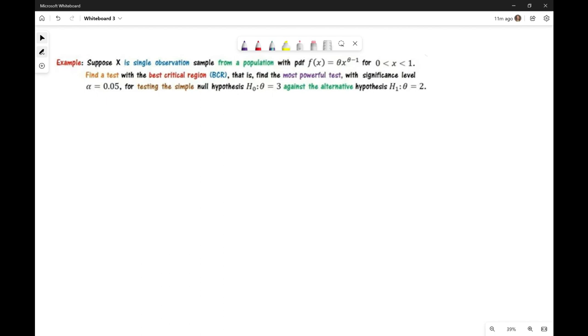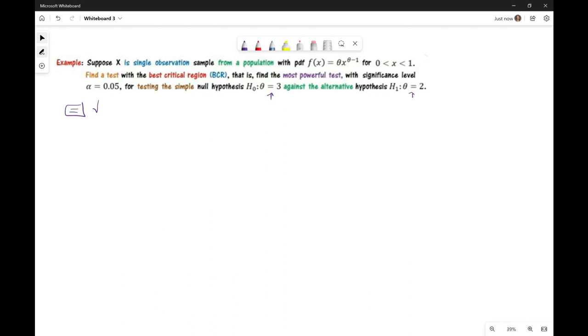Okay, so first we need to verify whether our hypotheses are simple or not. Both our null hypothesis and our alternative hypothesis use this equal form, so they are in fact simple.